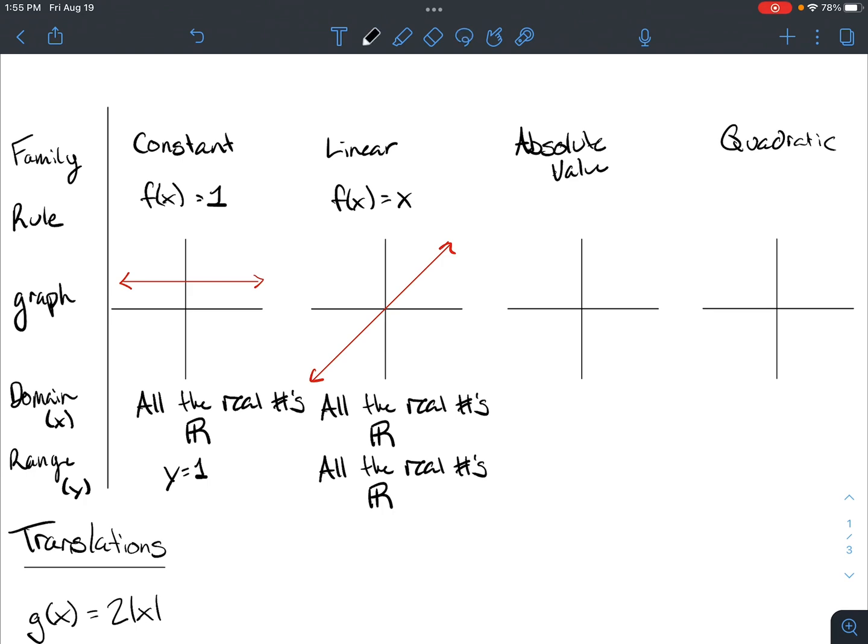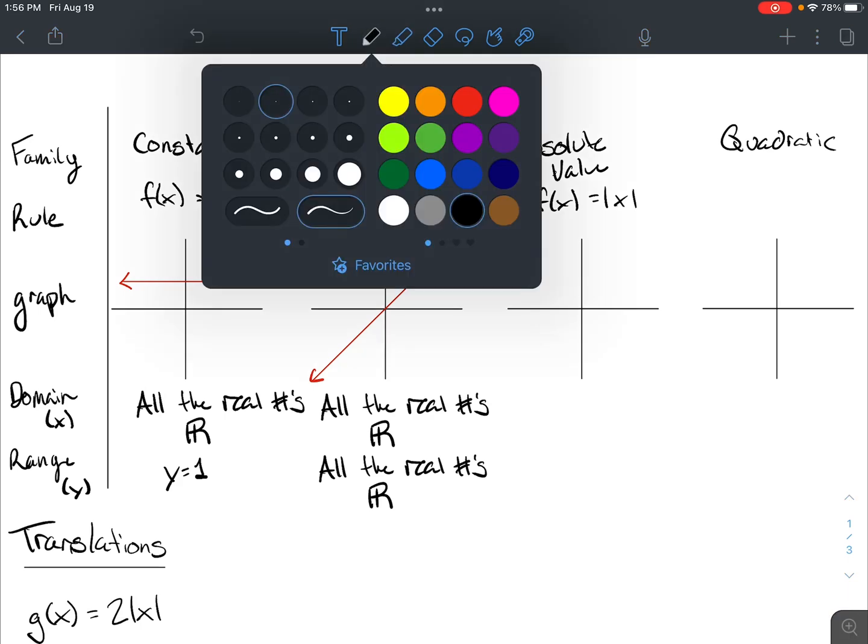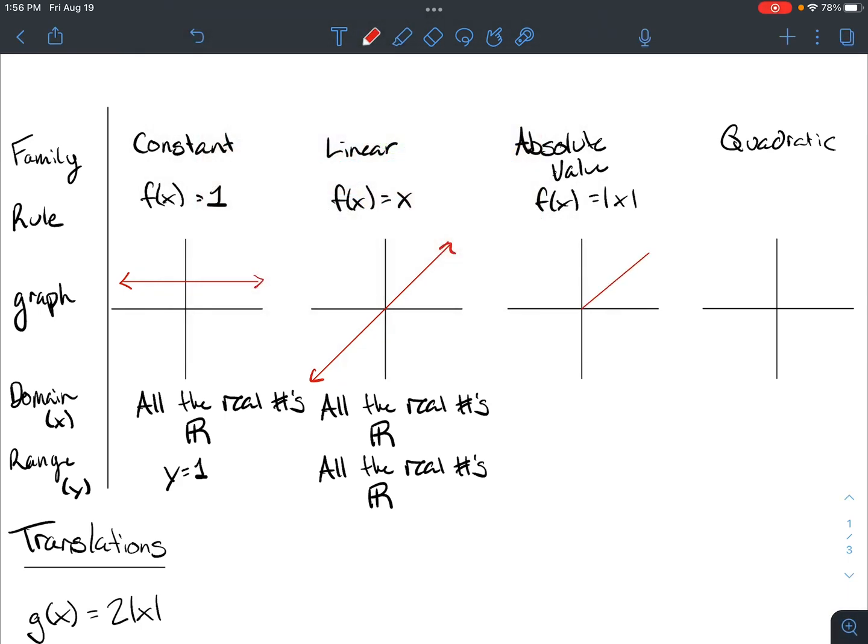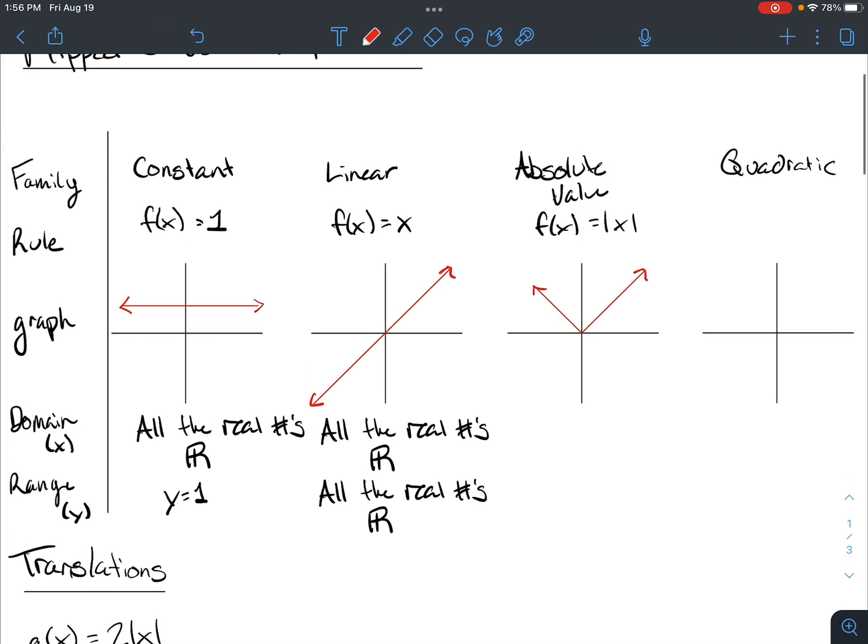If you remember what the absolute value is, f of x is equal to the absolute value, denoted by these vertical lines. You get something that looks like this. Quick refresher on absolute value, you basically make the item non-negative.